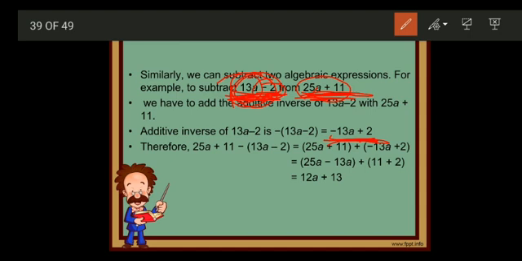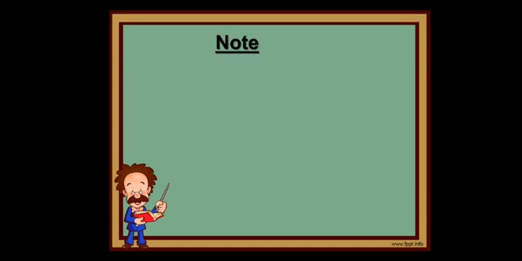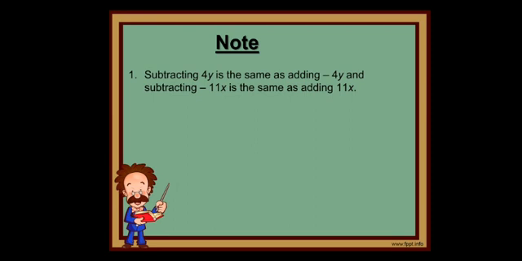Okay. So here note: subtracting 4y is same as adding the additive inverse of 4y. That is, subtracting 4y is same as adding minus 4y. And subtracting minus 11x is adding the additive inverse of minus 11x, which is 11x.